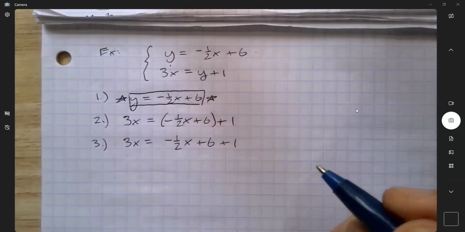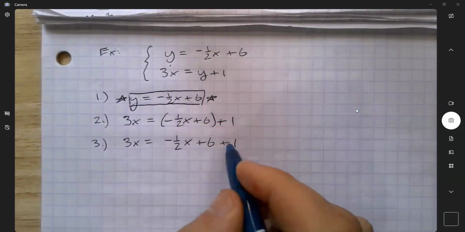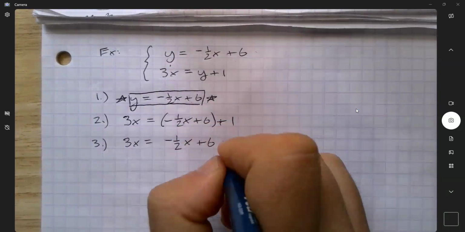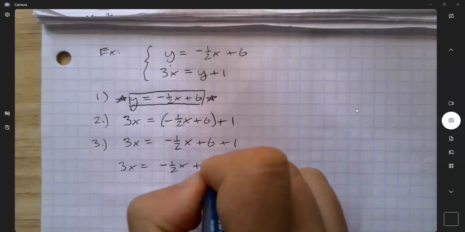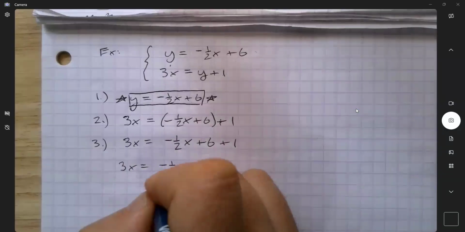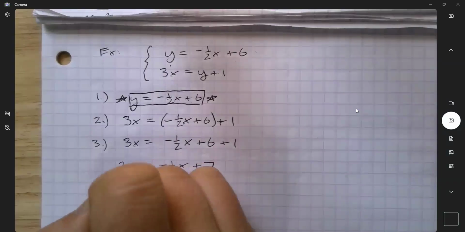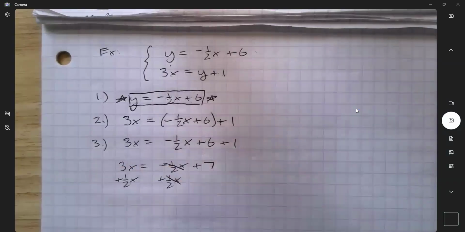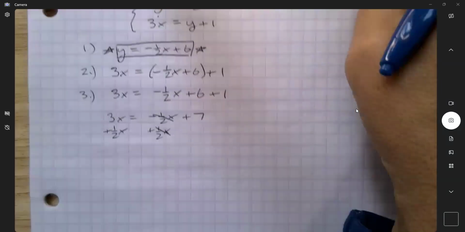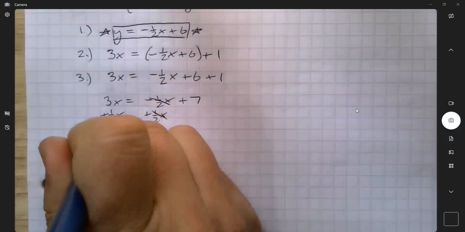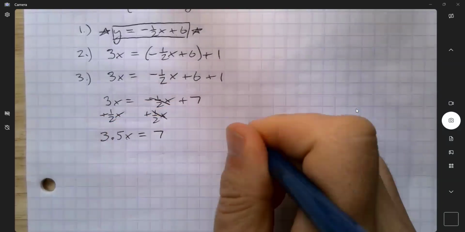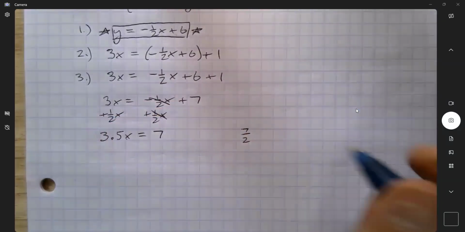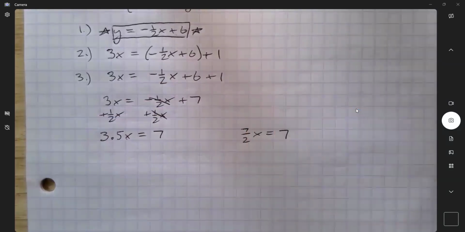3x equals -1/2 x plus 6 plus 1. 6 and 1 together give me 7. Add 1/2 x to both sides. That will get all my x's on the left side of the equation. And I get 3.5x equals 7, or if I did the fraction addition, it'd be 7/2 x equals 7.